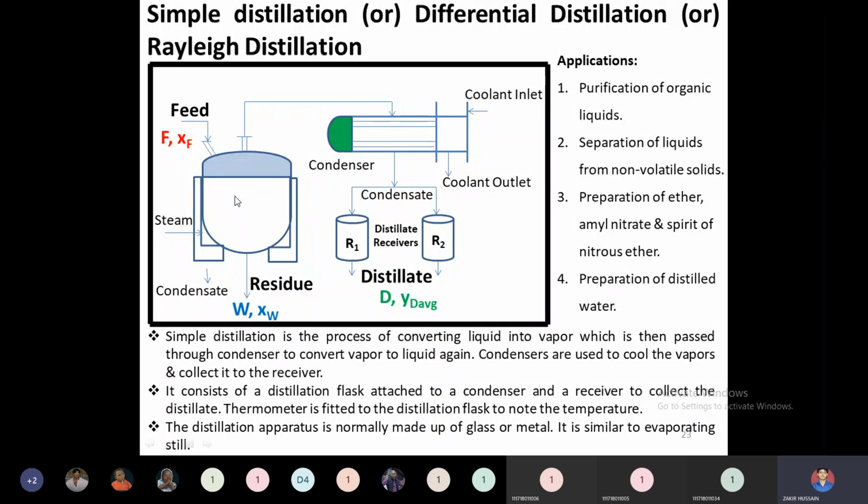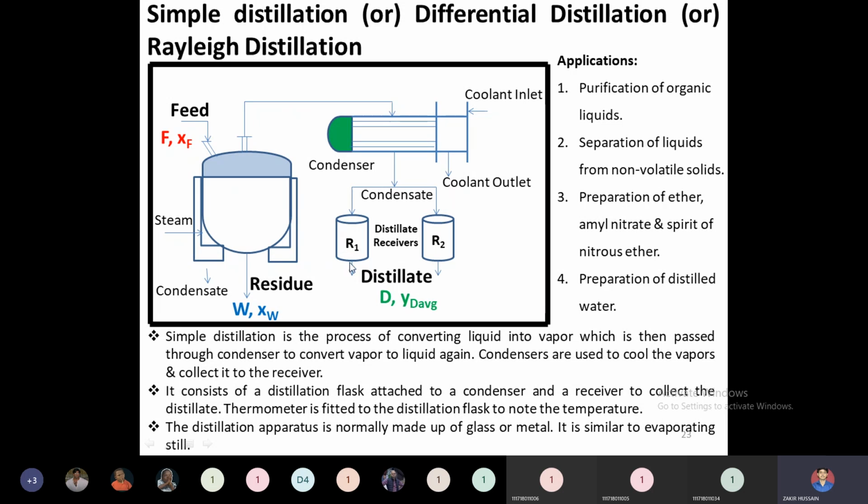Then we start the distillation operation. The overall operation is known as simple distillation, differential distillation, or Rayleigh's operation.